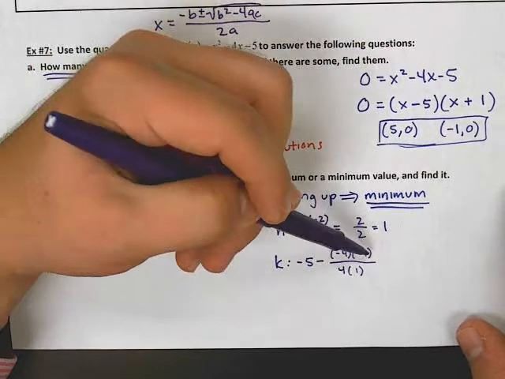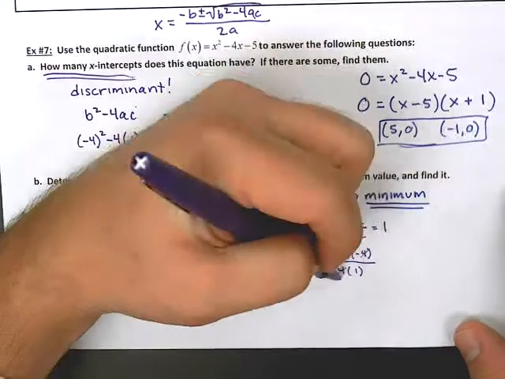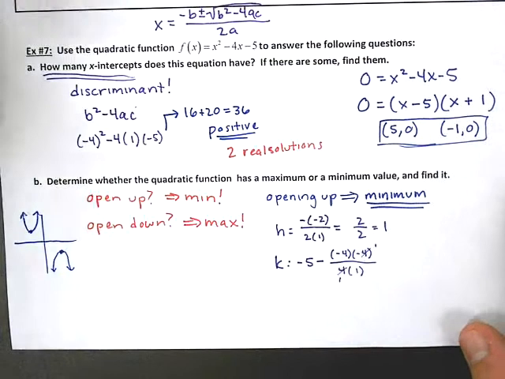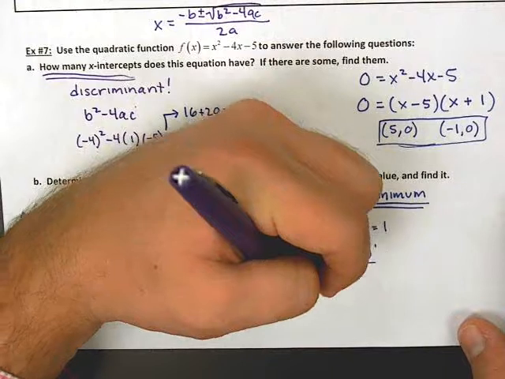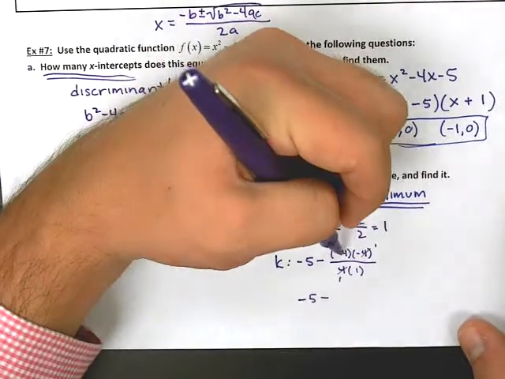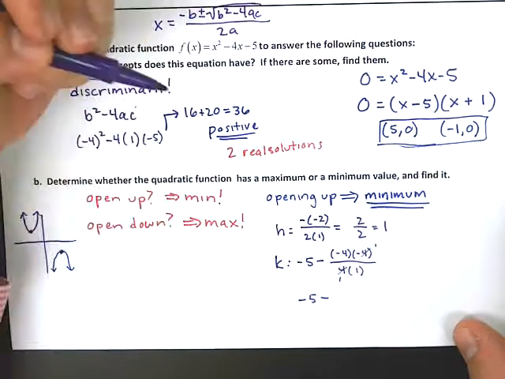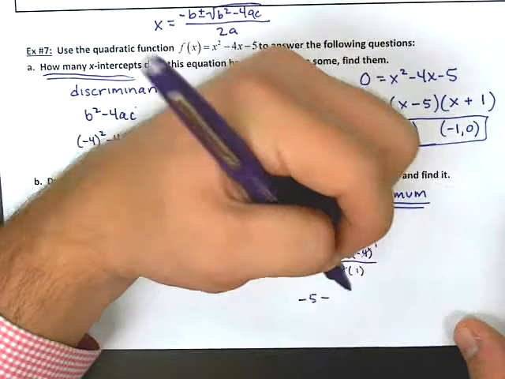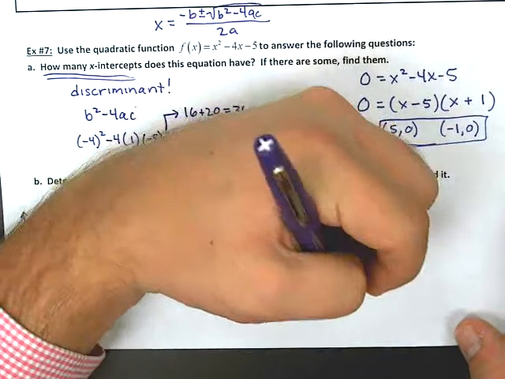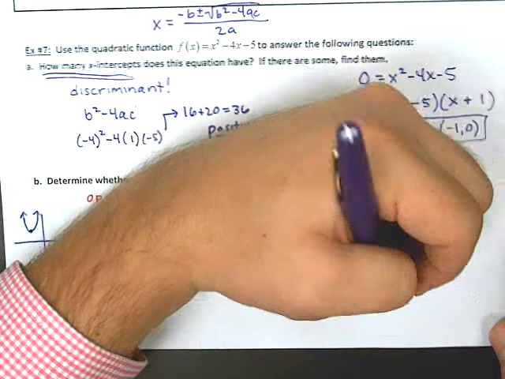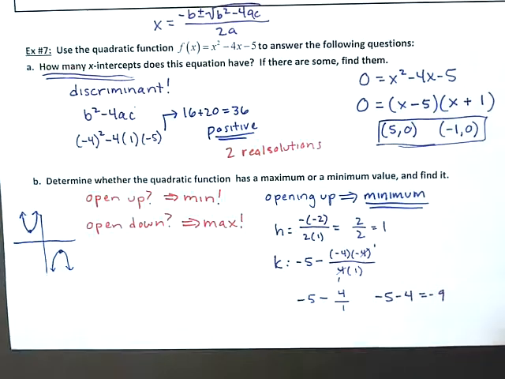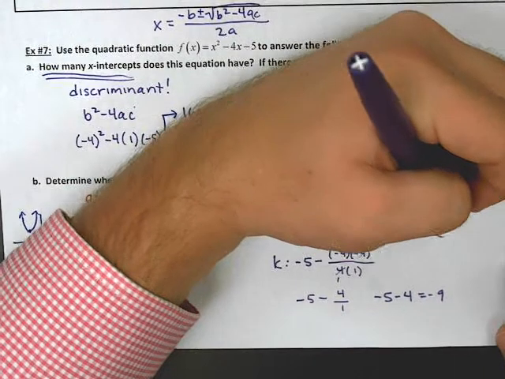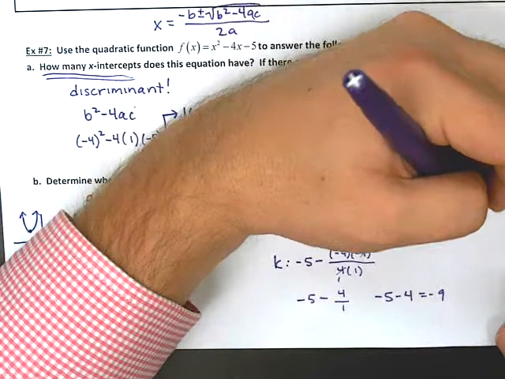We have 4's that can cancel to 1 and 1, which is nice. We have to remember that we have a bunch of negatives going on here, so let's try and keep this organized. Negative 5 minus negative 4 times negative 1 is positive 4, right? So this will be 4 over 1. Or if we clean this up, negative 5 minus 4 is negative 9. So now we know that our minimum is at 1 comma negative 9.